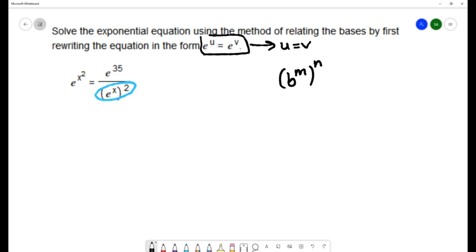Sometimes I call it power to a power. It's not totally accurate; it's an exponential expression to a power. What we do to simplify is multiply those powers together. In our example, we have e to the 2x, after multiplying the exponents together.